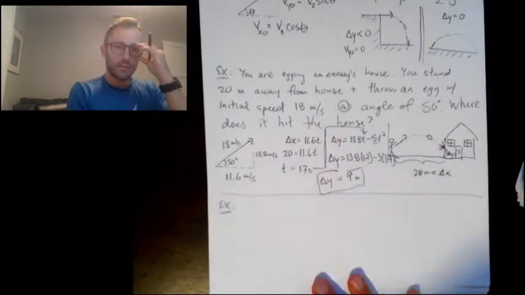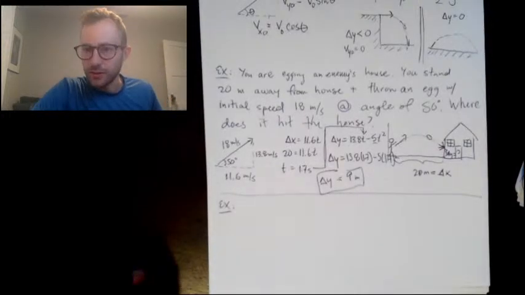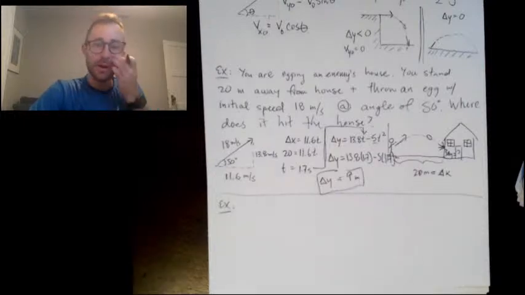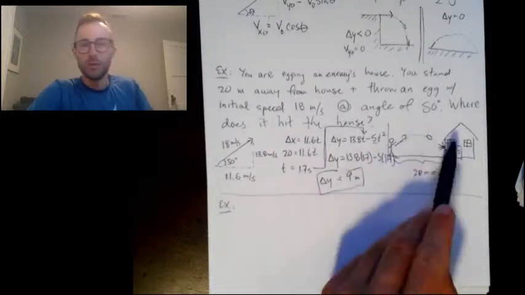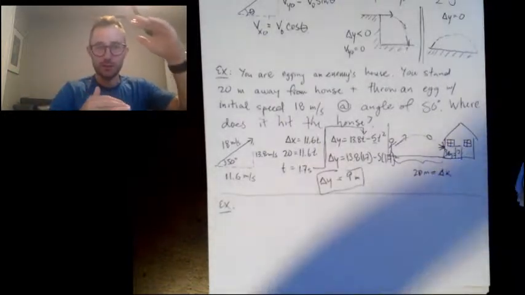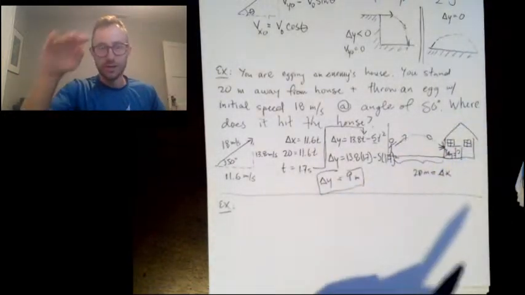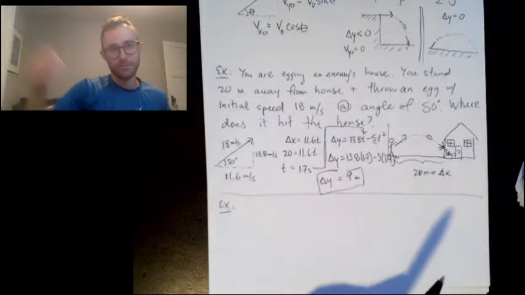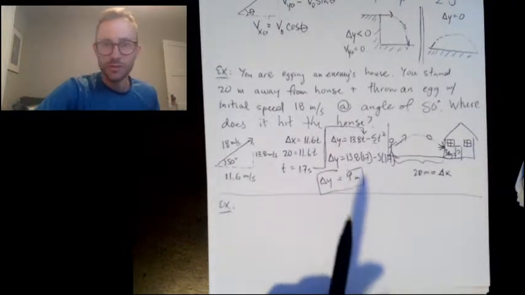Yeah, exactly. Someone typed in he missed. So if we compare the height of the egg when it reaches the house to the height of the house, we can see whether it's going to actually hit the house or go over the top of the house. Very good. Excellent interpretation.